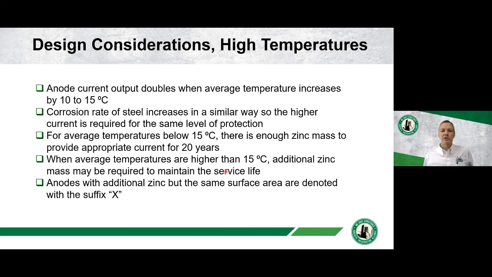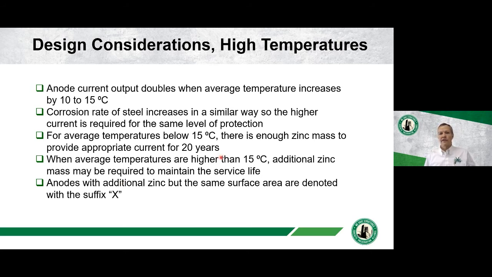If your average temperatures are higher than 15 degrees Celsius, particularly if they're over 20, or over 70 degrees Fahrenheit, you're going to be into a situation where you may want to look at having additional zinc mass because the zinc anodes may be consumed prior to 20 years in some of those situations.